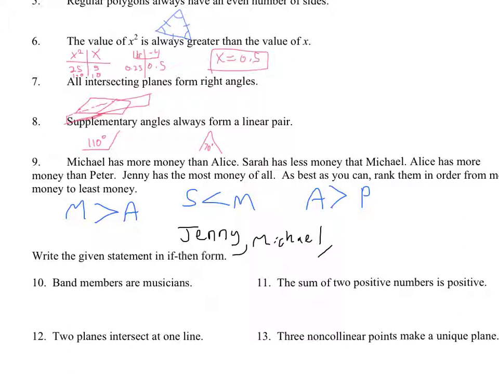Okay. So Michael has more than Alice. Alice has more than Peter. Michael has more than Sarah. Well, what we don't know here is where Sarah comes into play. I do know that Michael has more than Alice, and Alice has more than Peter.